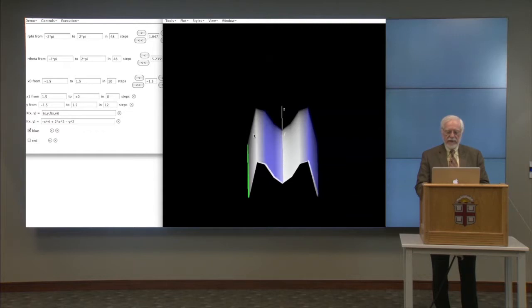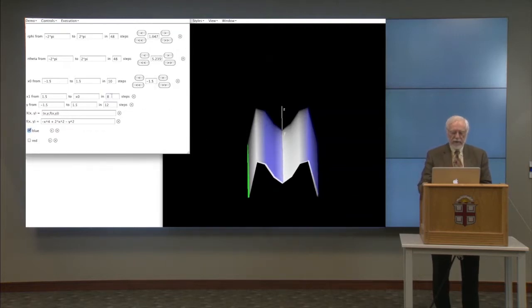If we look straight down on this, especially if we change the number of subdivisions here to make it more like our previous graph, we see that we do have the previous graph, which had its maximum value at 1, and it still has its maximum value at 1, because we're subtracting y squared.